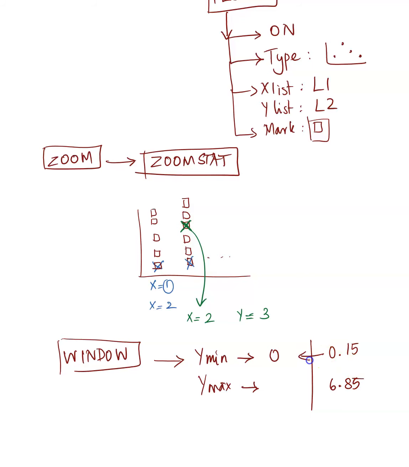So I'm going to readjust this 0.15 to a 0, or you could even have a -1 if you wanted. And then you have your y max. I want to go a little lower on the y min and a little higher on the y max, so let's make it 9. Clear your y min and enter.